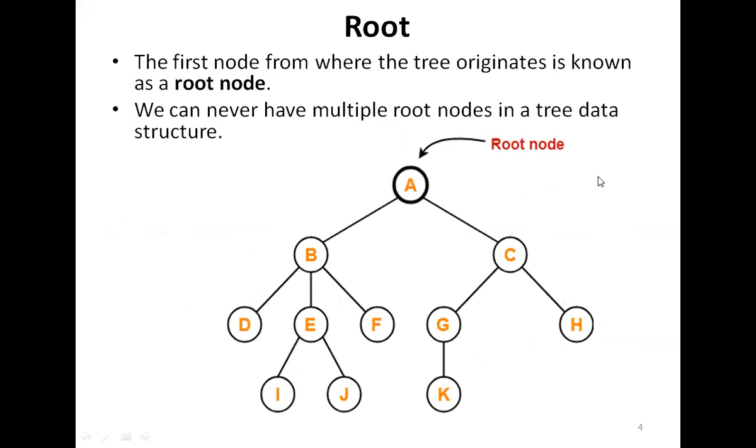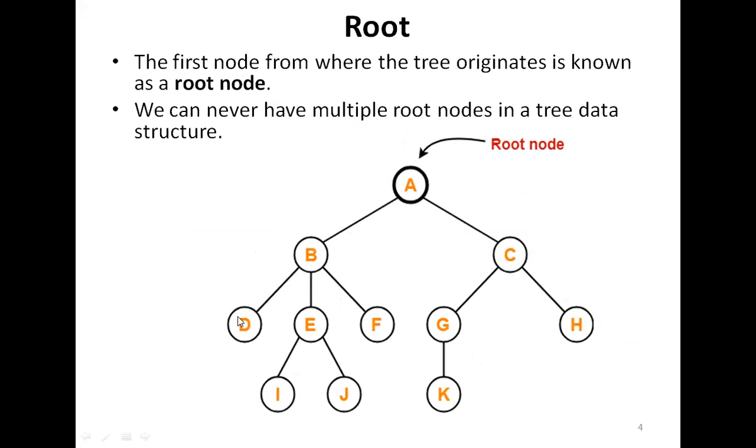So the first terminology is root. The first node from where the tree originates is known as a root. You can see this is a tree, and this is the first node from where this tree is originated. From node A, the two nodes B and C are generated.